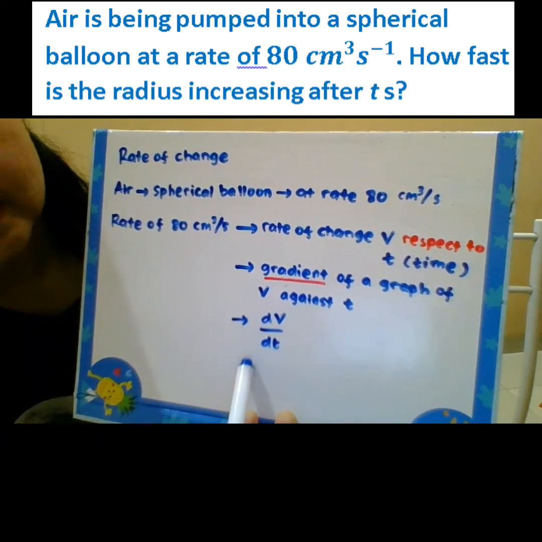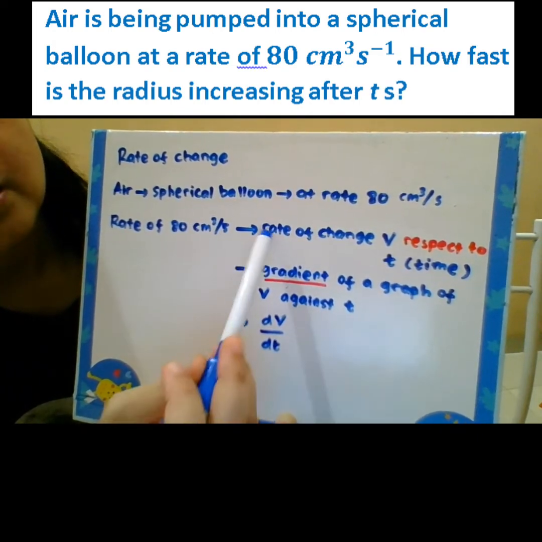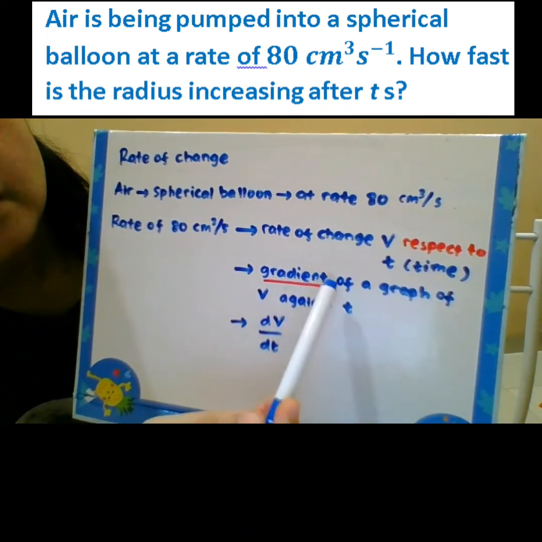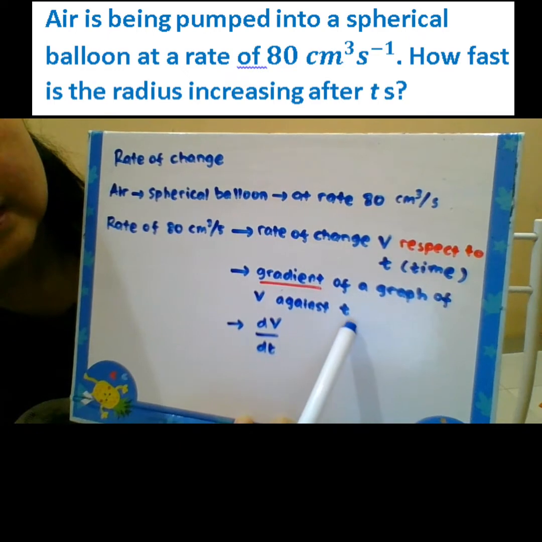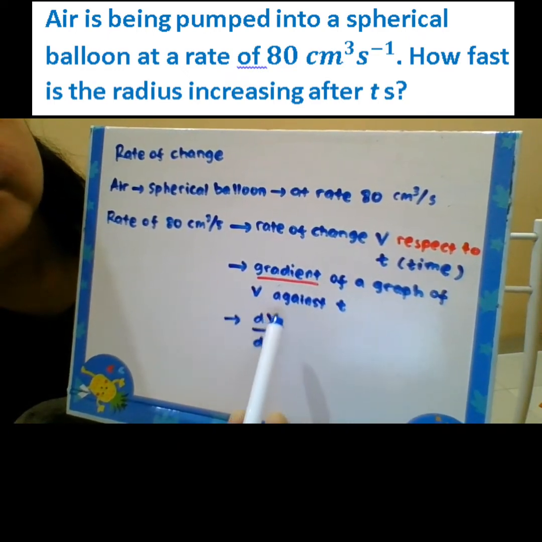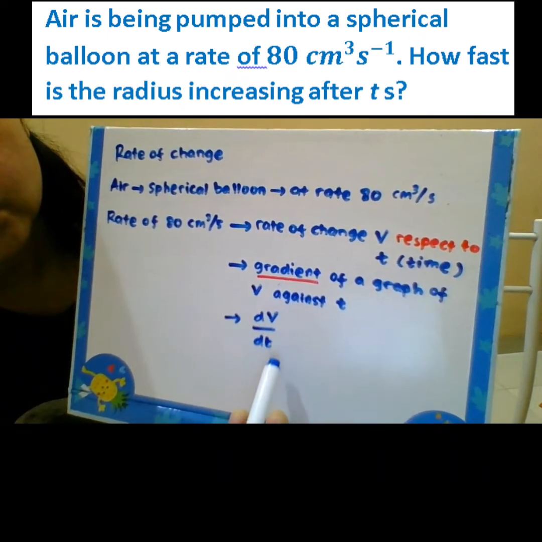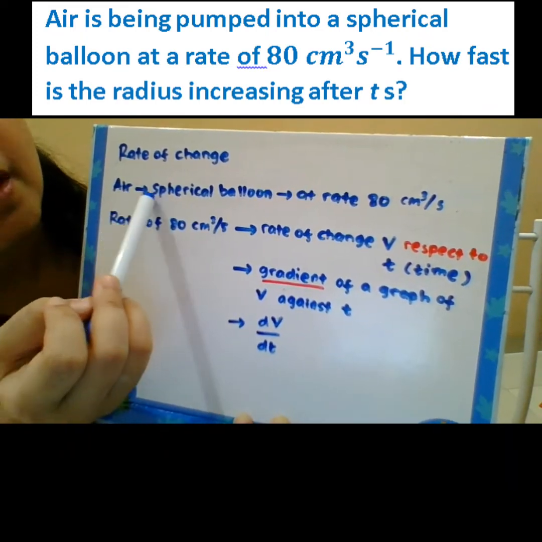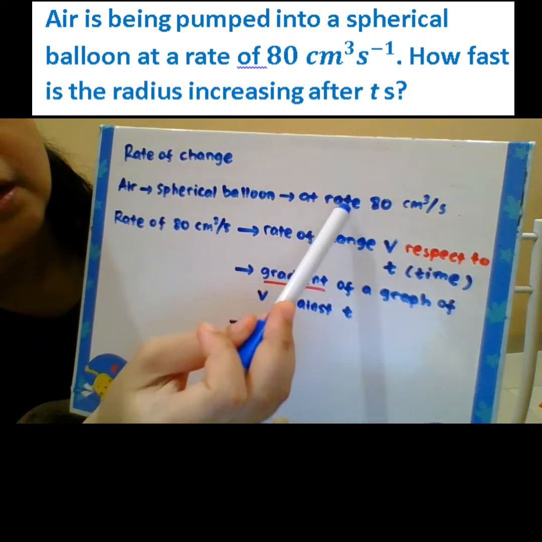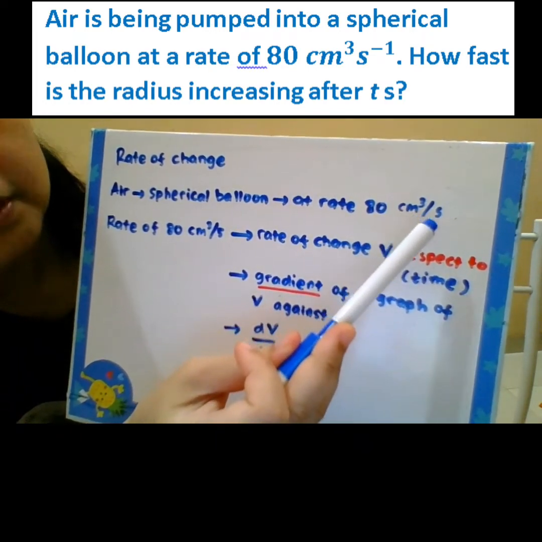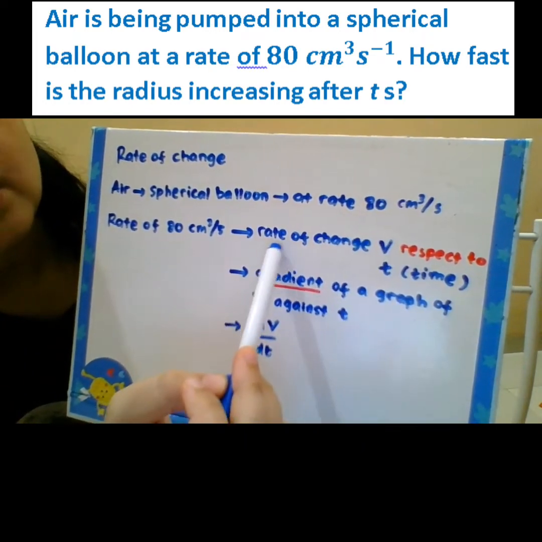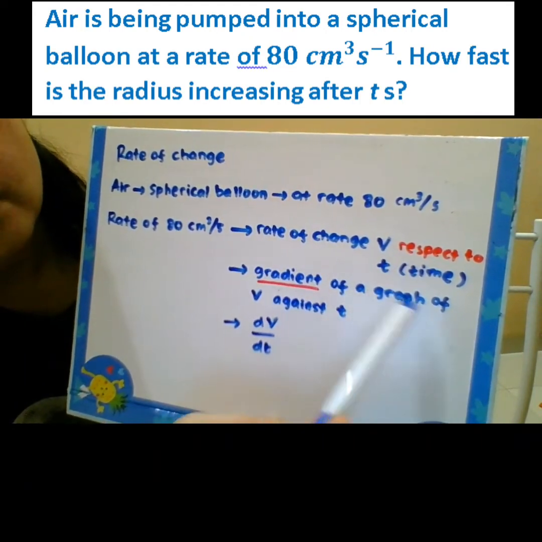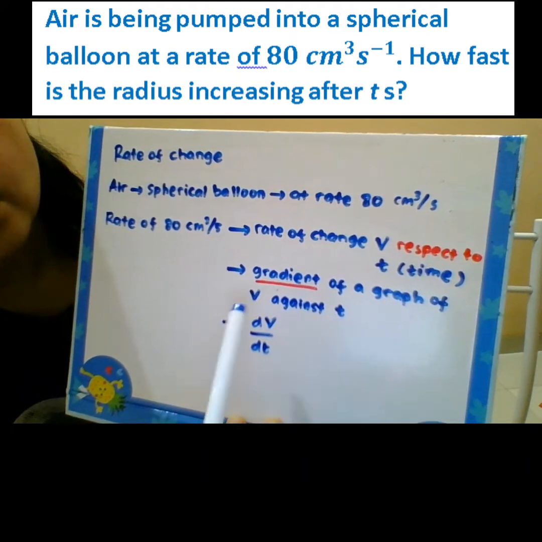That means the rate of change of v with respect to t, or the gradient of the graph of v against t, or the derivative of v with respect to t. So the meaning of air pumped into a spherical balloon at a rate of 80 centimeter cube per second is dv per dt.